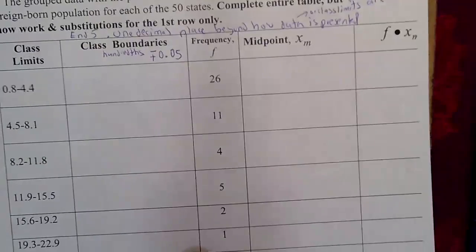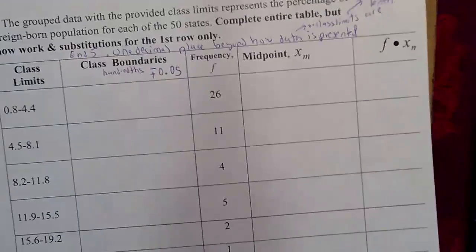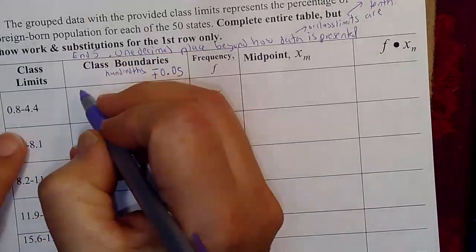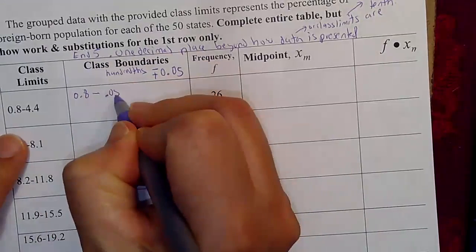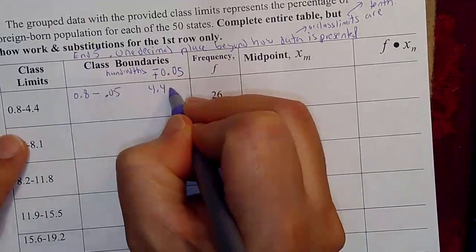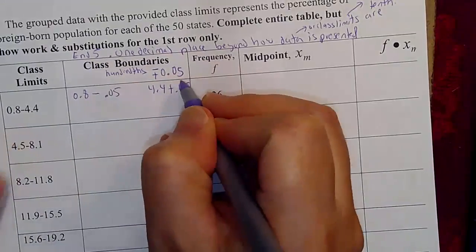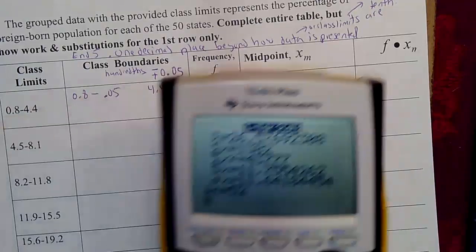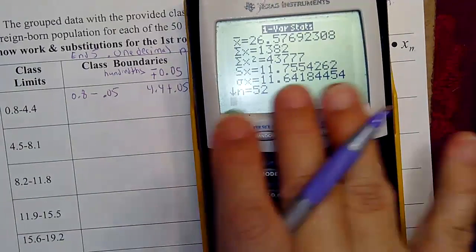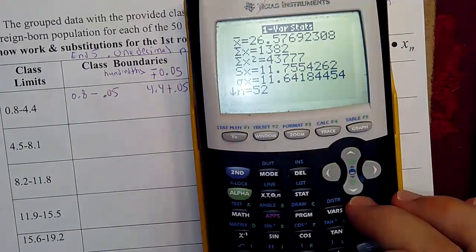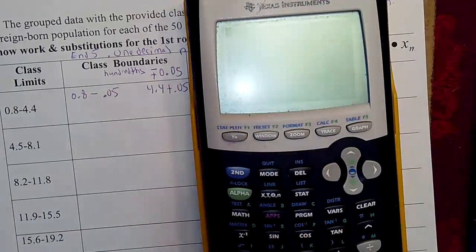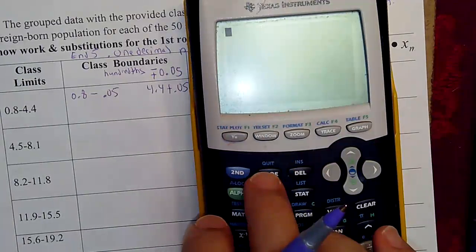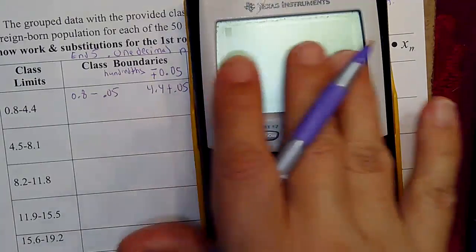So on a test, you would demonstrate this on the first one. Here you're going to do 0.8 take away 0.05, and then 4.4 plus 0.05, and then you get your calculator. Remember, when you have your tables, you do second quit to get rid of the tables and get this space here.